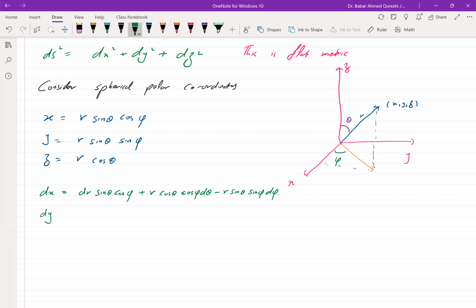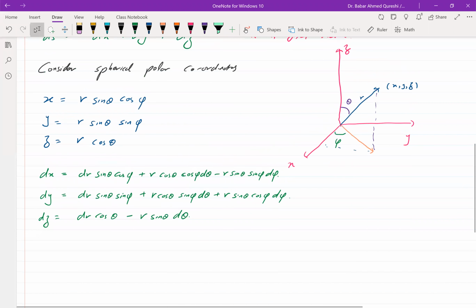Similarly, for dy, I get dr sine theta sine phi plus r cosine theta sine phi d theta, and then plus r sine theta cosine phi d phi. And the last one is dz equals dr cosine theta minus r sine theta d theta.